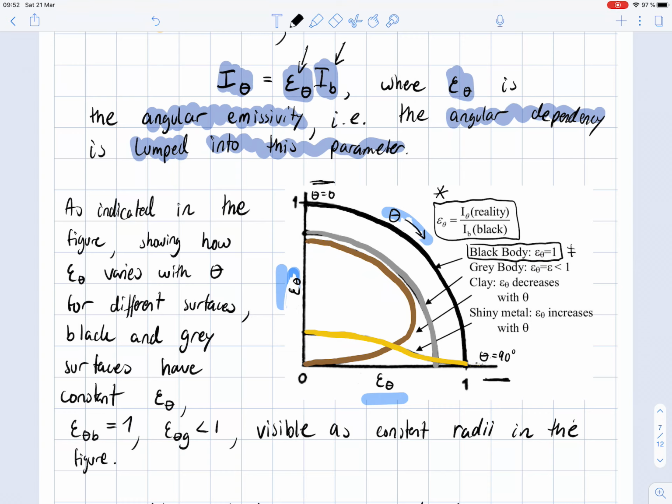That means it's not a function of theta, and for that reason it retains its value of 1, independently of the angle. So that's how you can read this figure.